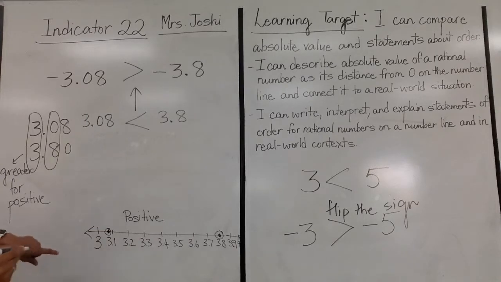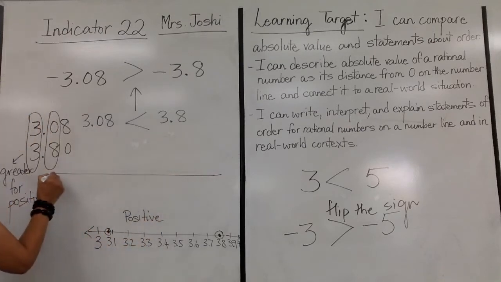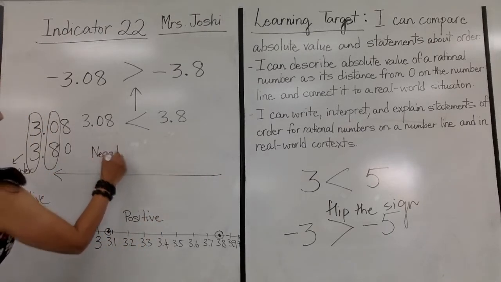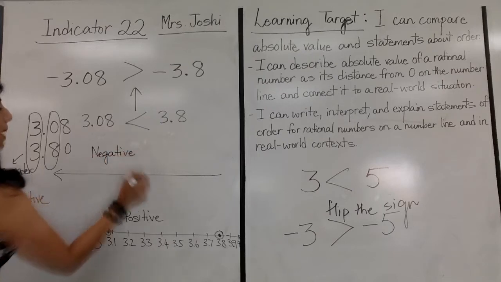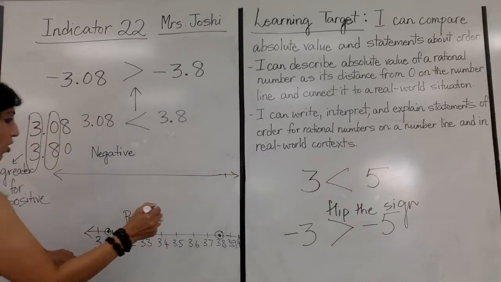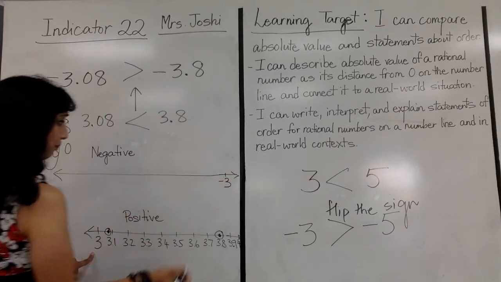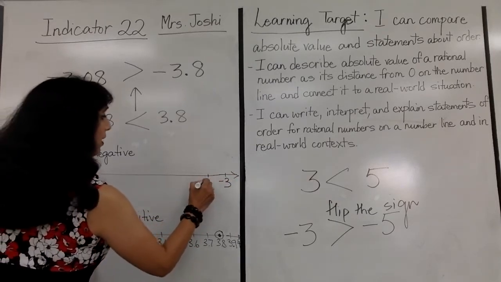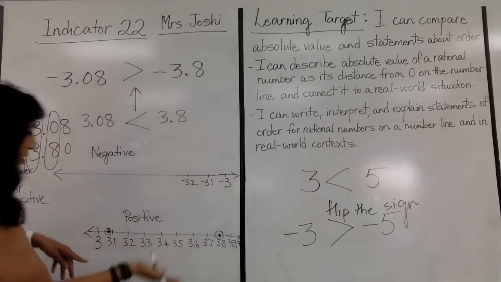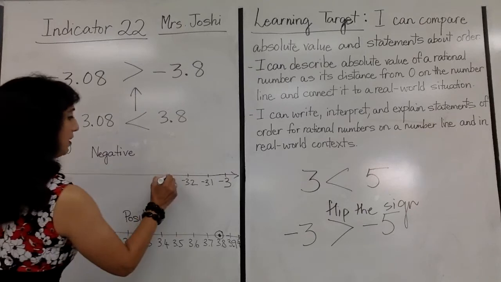Okay, now on the negative side, this exact number line flips backwards. Okay, so now this is negative because remember it is a mirror image but backwards. So this is going to be your -3. Okay, and then we have -3 1/10, -3 2/10. See how it's totally flipped backwards because it's a mirror.